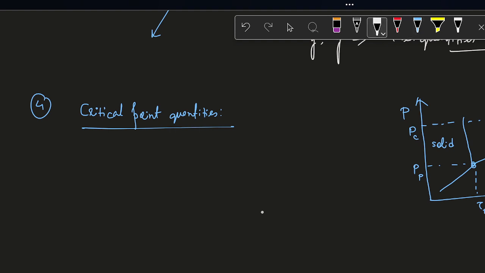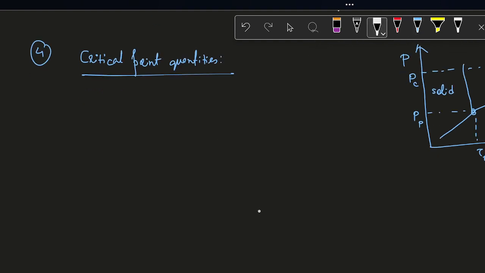Now, to solve for the critical point quantities, we have to use the van der Waals equation of state and some conditions on it which will give us the exact critical point values.